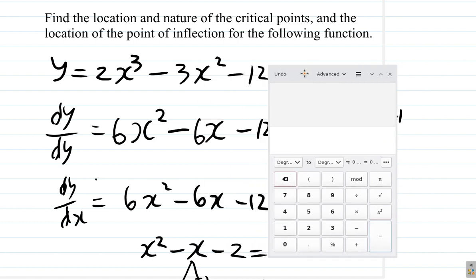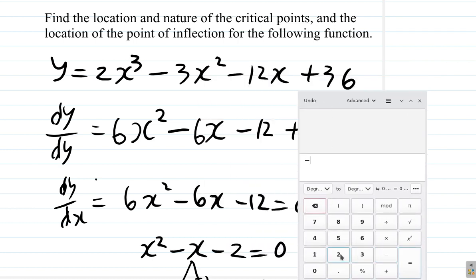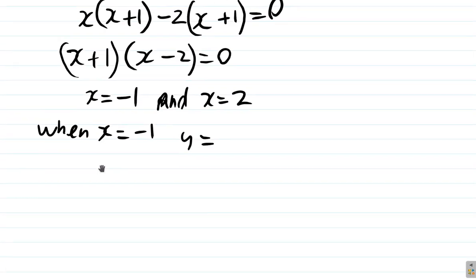Negative 1 cubed is negative 1, so 2 times negative 1 is going to be negative 2, minus 3 times x squared. Negative 1 squared is positive 1, 3 times 1 is 3. Then minus 12 times negative 1 will be minus negative 12, same as plus 12. Plus 36 equals, y is 43. So when x is negative 1, y equals 43.